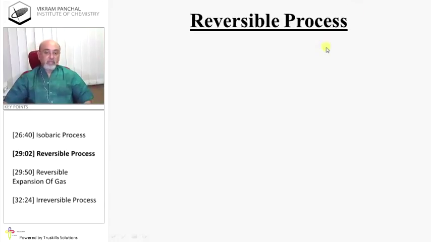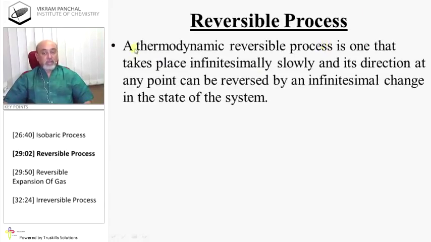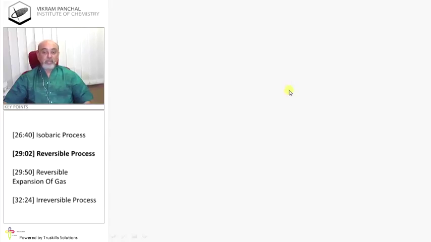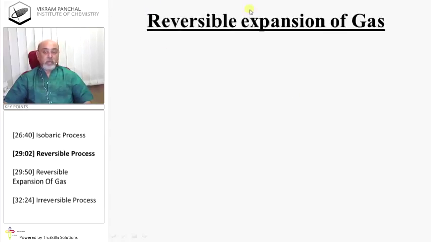A thermodynamic reversible process is one that takes place infinitesimally slowly, and its direction at any point can be reversed by an infinitesimal change in the state of the system. Take the reversible expansion of gas.